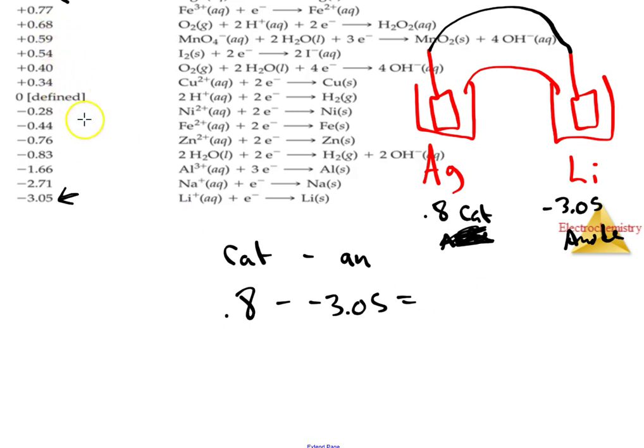We can pair whatever we want, but the values get smaller, and they can also pair non-spontaneously, but that's just pointless. Are we okay with how this was figured out? So what does this end up being? 3.85, that's what I meant.